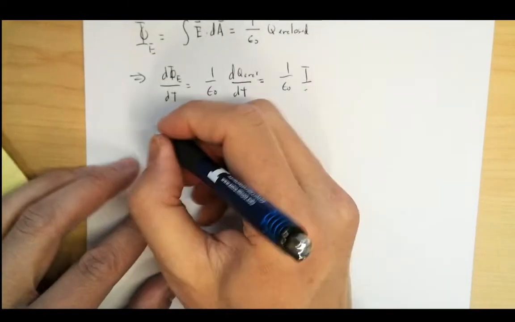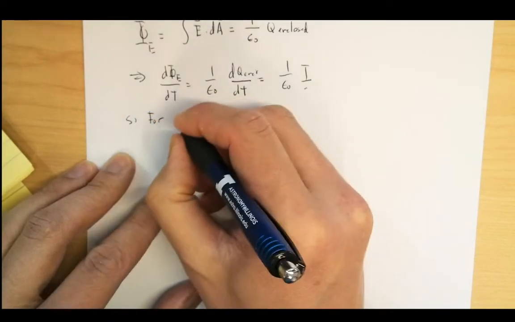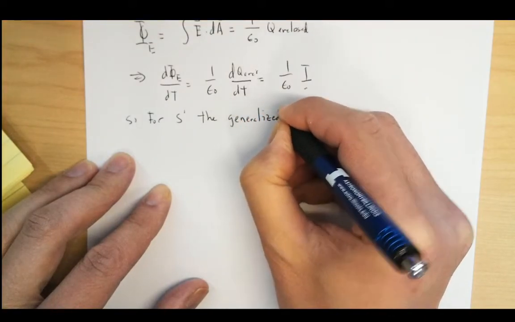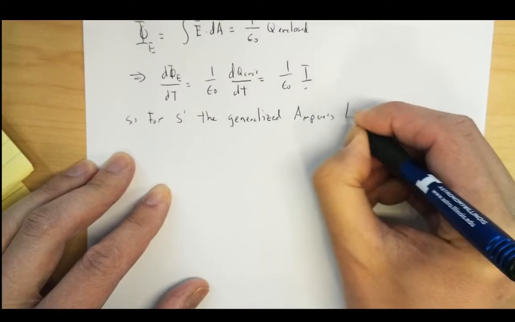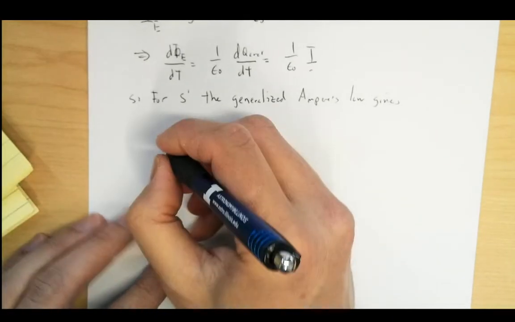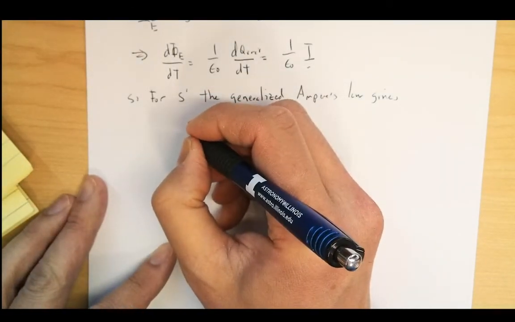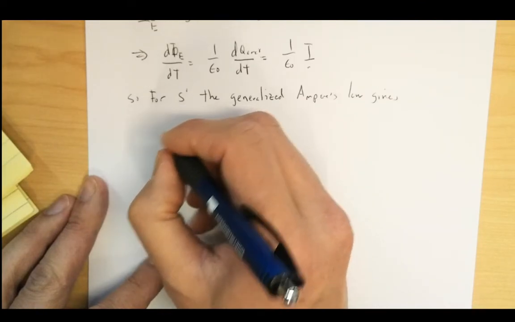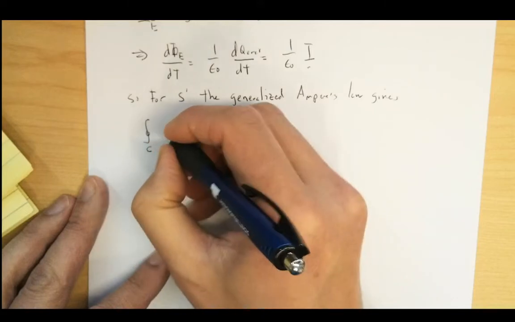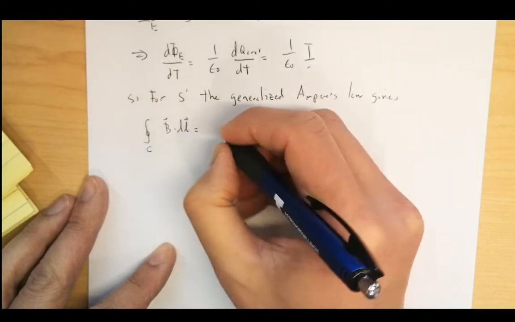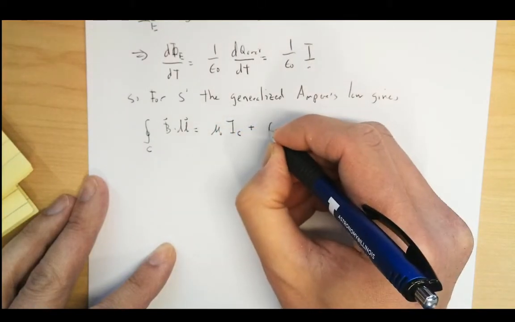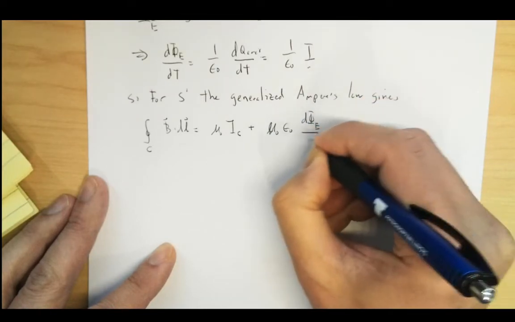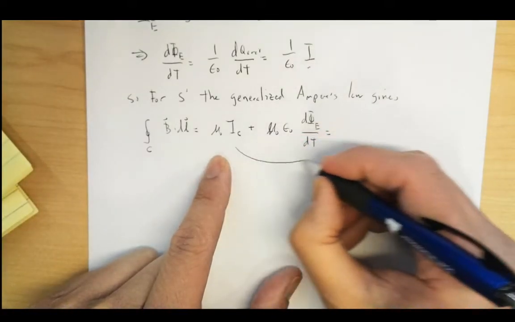Then for S prime, the generalized Ampere's law gives: the integral over C of B dot dl is equal to mu 0 I_C plus mu 0 epsilon 0 d phi E dt. This first part right here is 0.